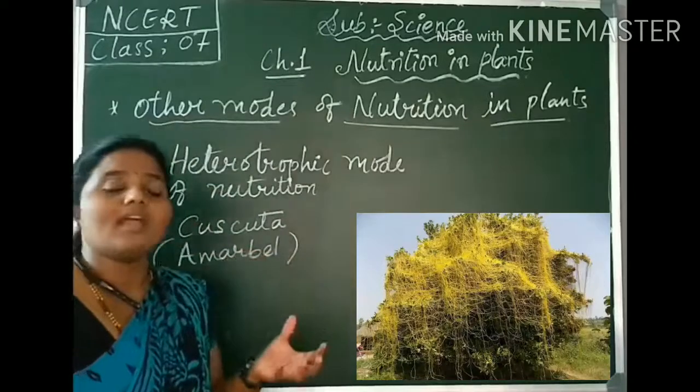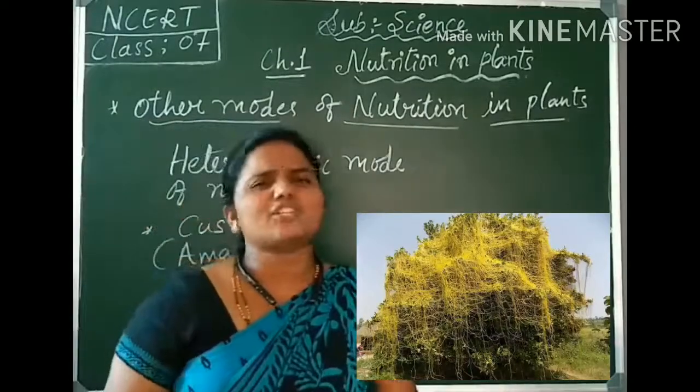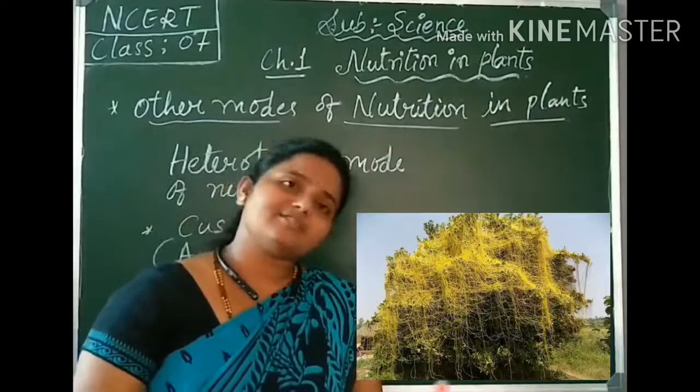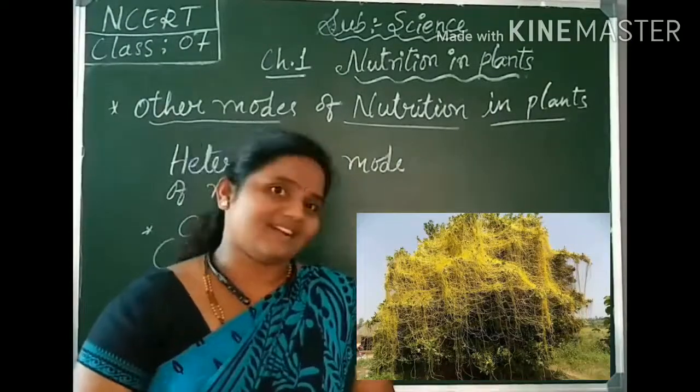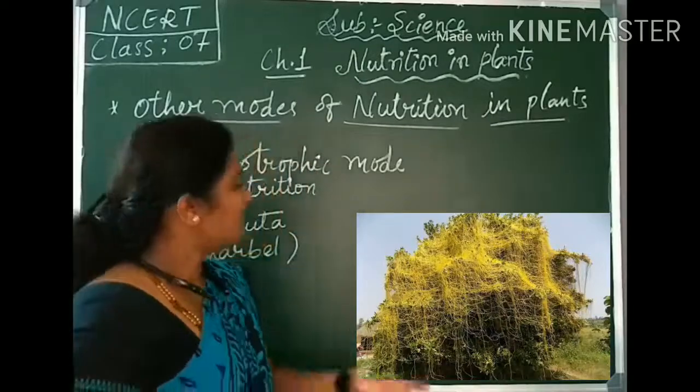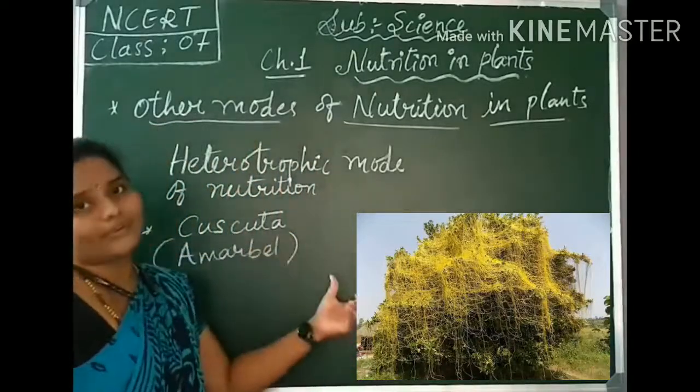It looks like a yellow, wiry, branched structure, twining around the stem and branches of a big tree. Over the tall tree, the Cuscuta starts growing.